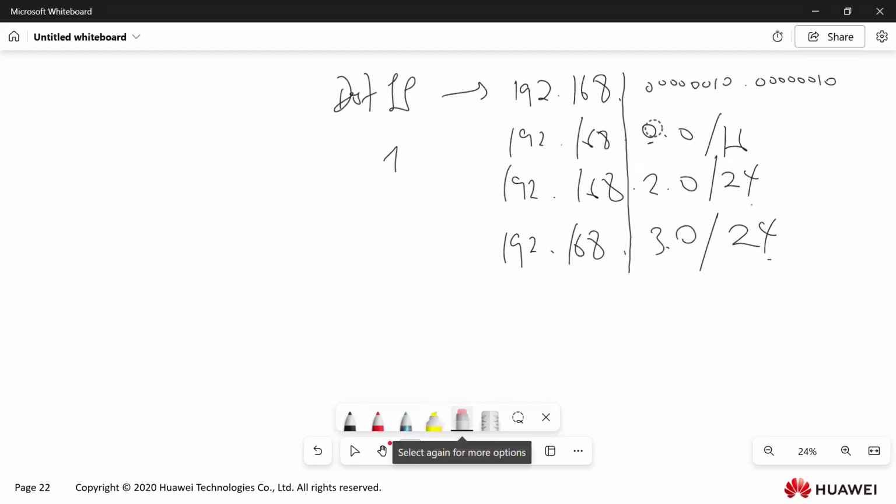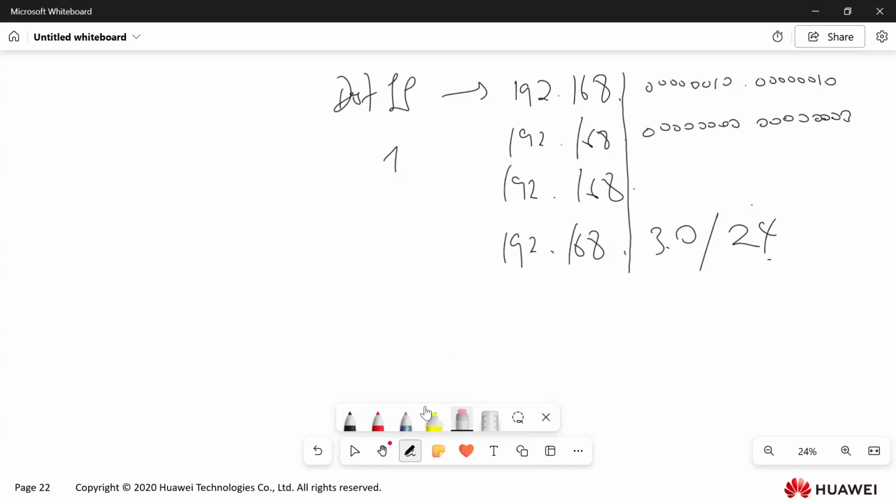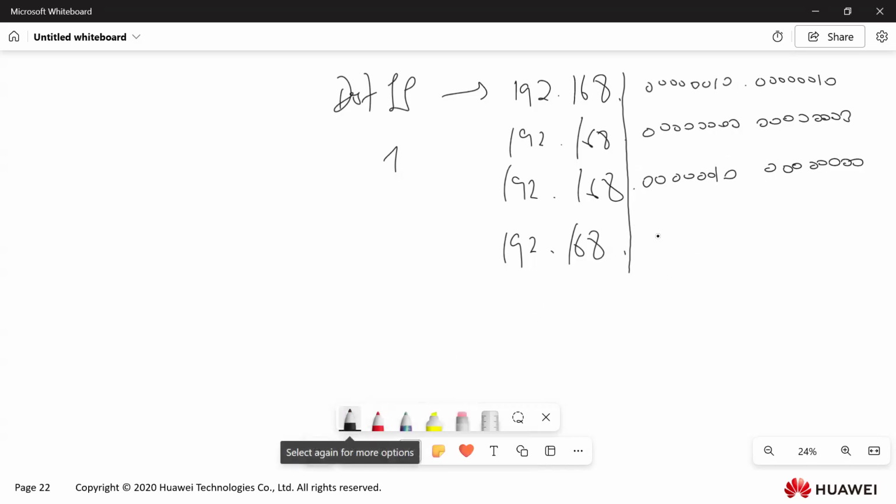Let us not be lazy, let's just do it. Then the other one, .2.0, is the same, and the other one is .3.0, which is 00000011.